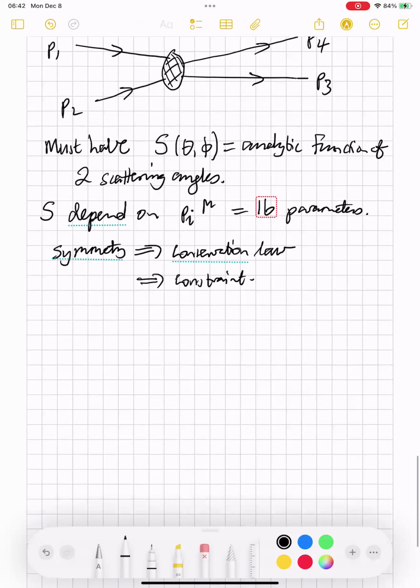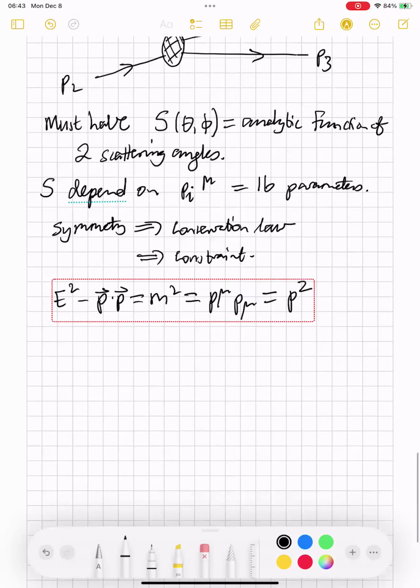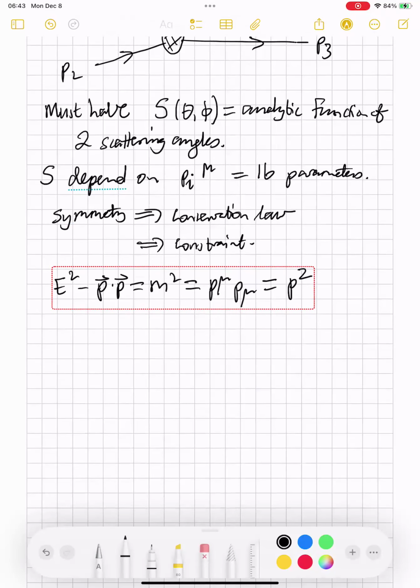One constraint that we have, not related to symmetry, is just the following. We know that Einstein told us that E squared minus P dot P is equal to M squared. You will have used this in your first quantum field theory course a lot. We certainly used it a lot last year. And this can be written as P_mu P^mu, which will be written as P squared. Now this mass shell condition must be satisfied by each of our momenta.